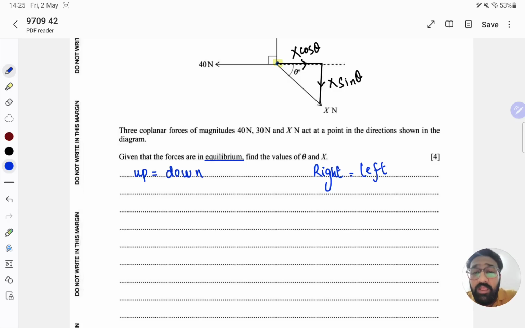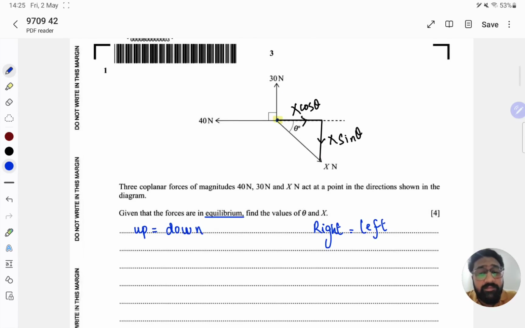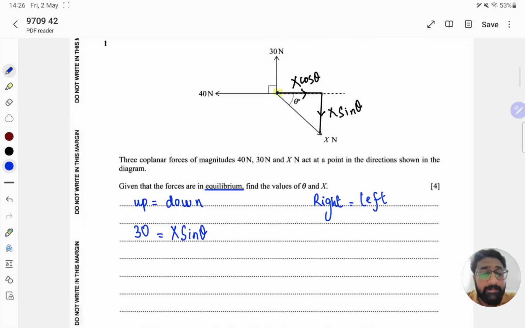The only upward force is 30, and the only downward force is x sin theta. Similarly, the only force to the right is x cos theta, and the only force to the left is 40.